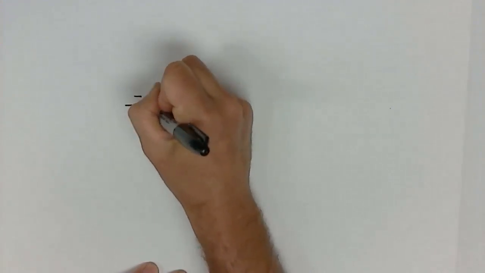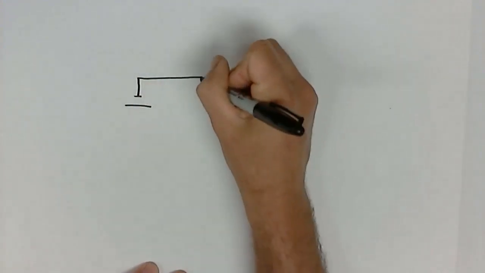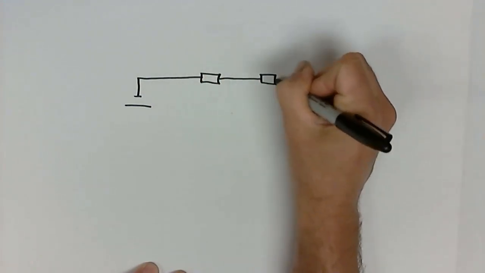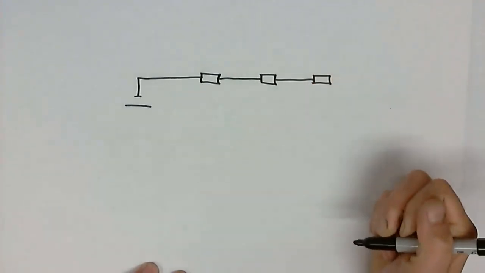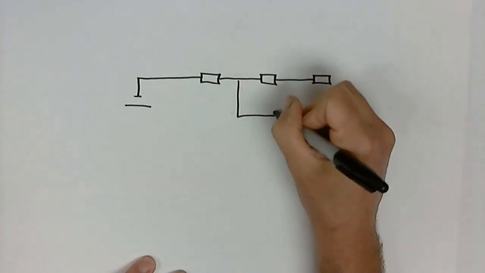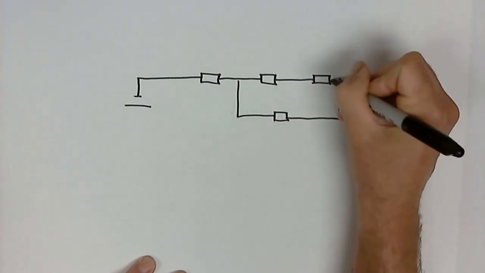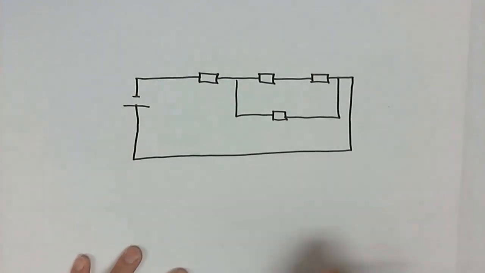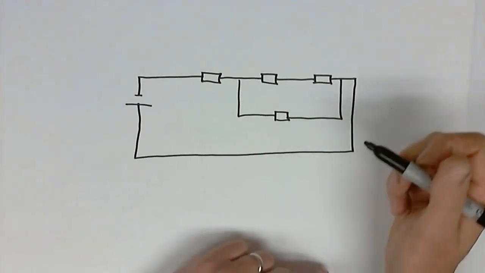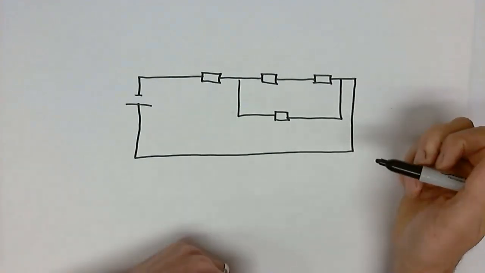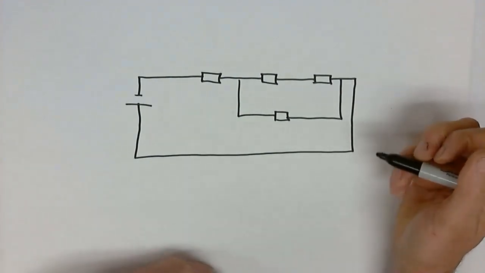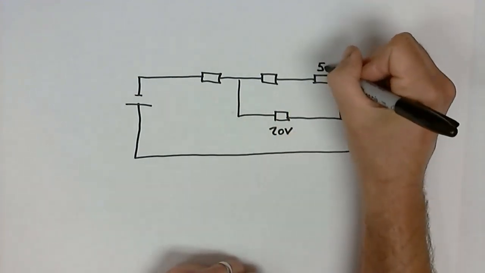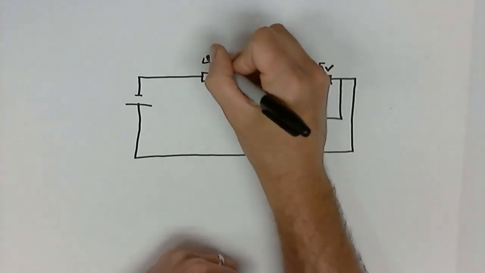So here's a circuit, and I've got a load, a load, a load, all the way back. And the voltage that we have at different points here is 20 volts, 5 volts, and 40 volts.